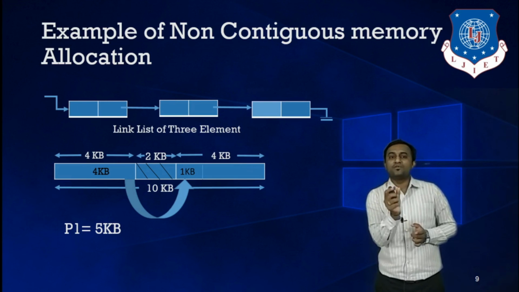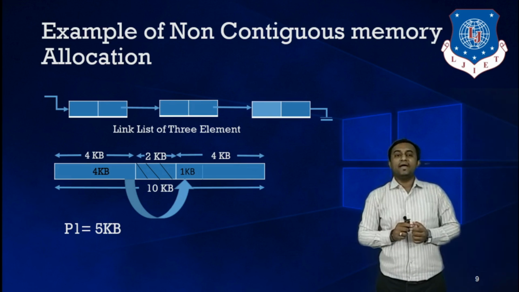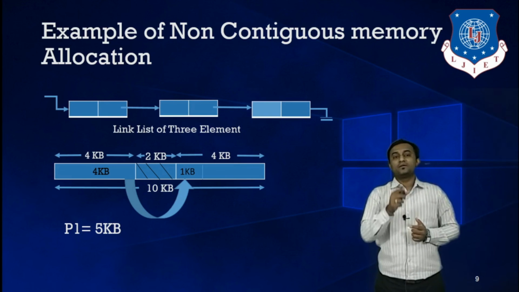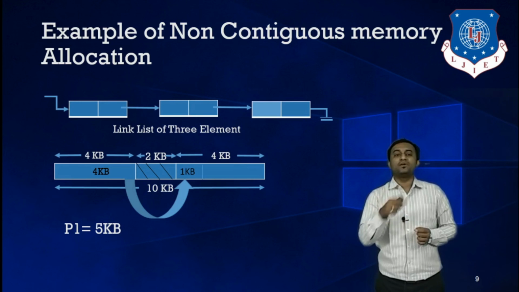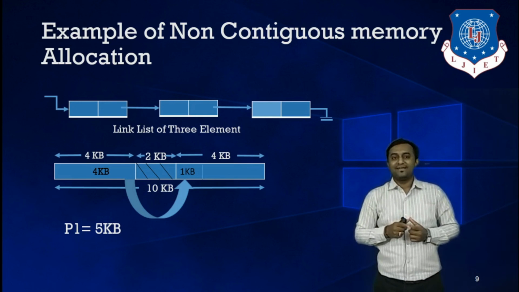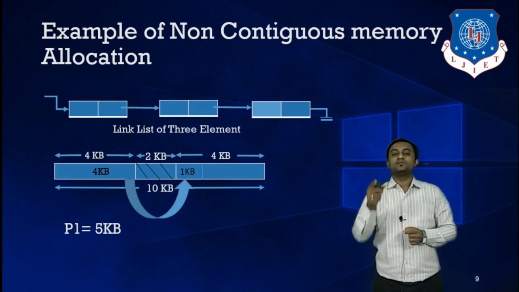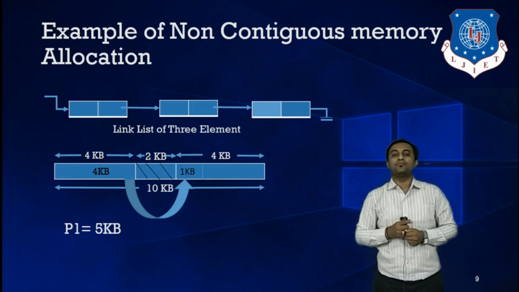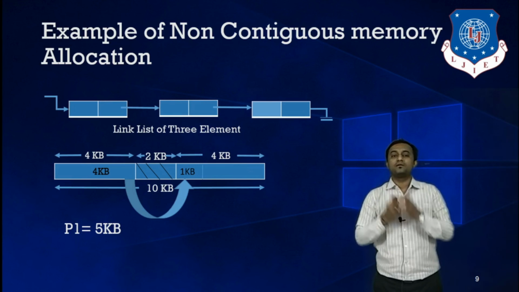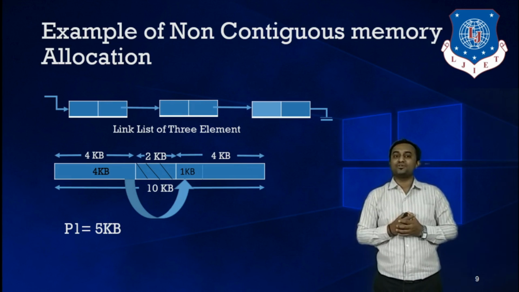So I will give 4 KB to the first block, and the remaining 1 KB will be given to the next 4 KB block. Then, to reach that information, we can provide the address of the second 4 KB block, so that you can reach that particular information for execution.